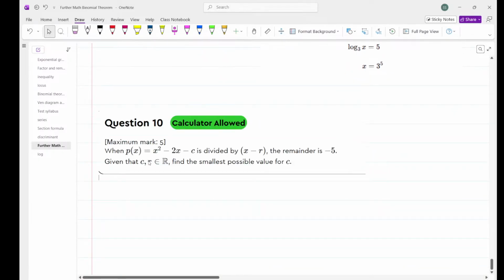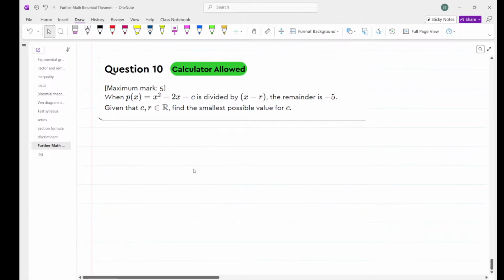Let's solve. See, when p of x is divided by this, the remainder is minus 5. Given that c and r belong to the real number set, find the smallest possible value for c. So you have x squared minus 2x minus c divided by x minus r.